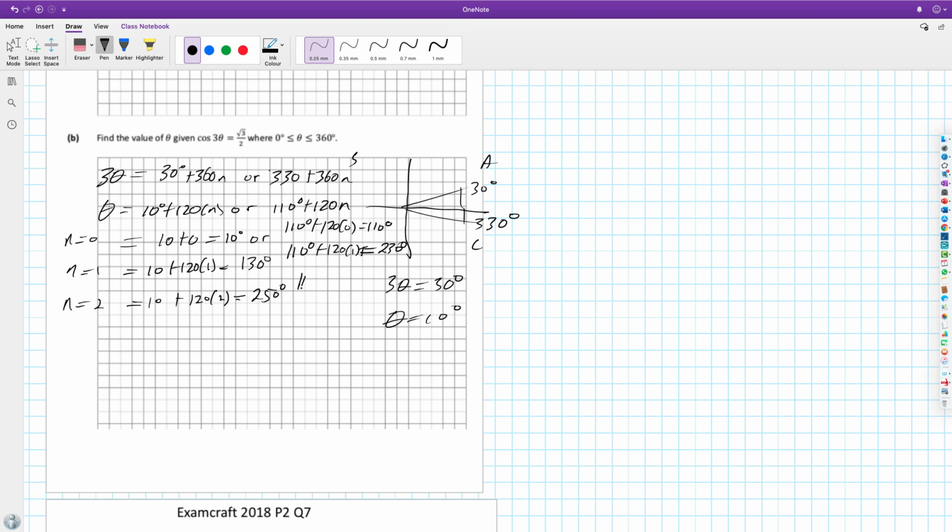And 110 degrees plus 120 times 2, which is equal to 350 degrees. So your answers then are 10 degrees, 110 degrees, 130 degrees, 230 degrees, 250 degrees, and 350 degrees.